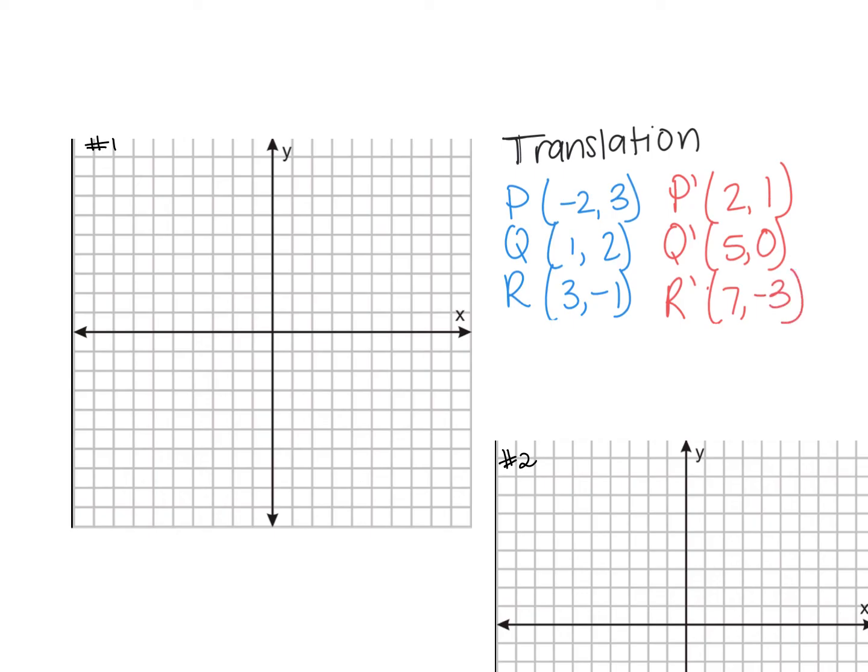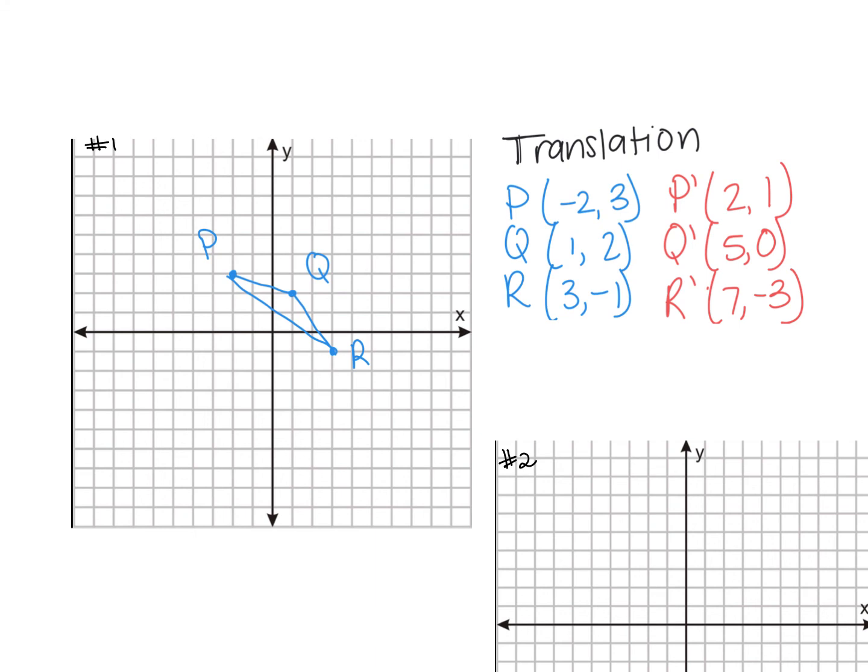Alright, graphing that. I'm going to have (-2, 3), which is right here. Please make sure you are labeling. If you're not labeling them, you're going to get them wrong. So definitely label your points. I need to be able to see that they're labeled. So what's P, what's Q?